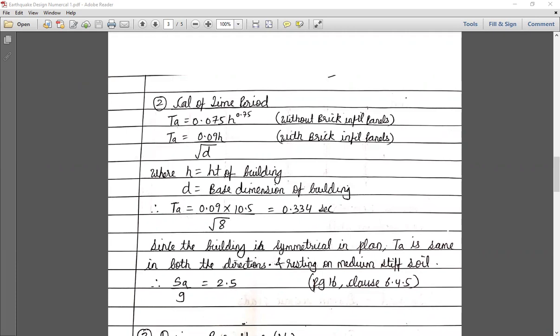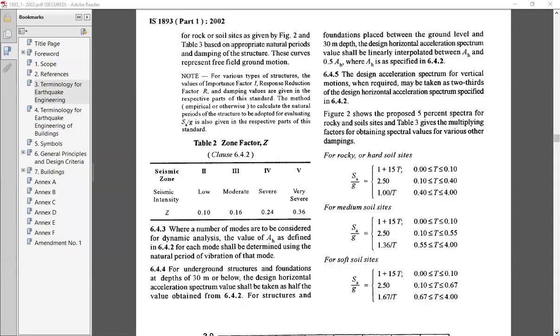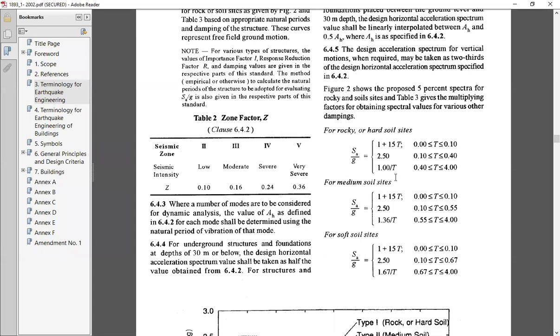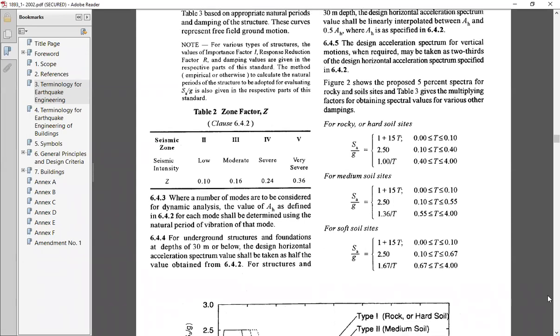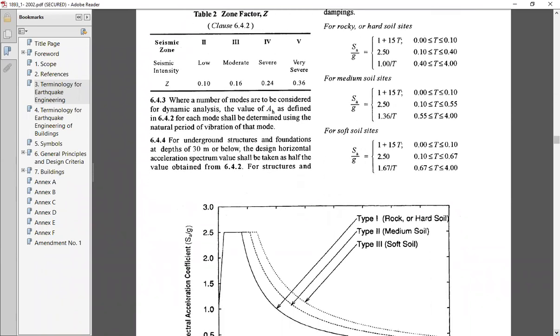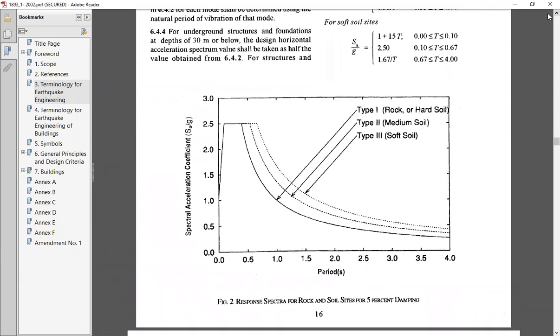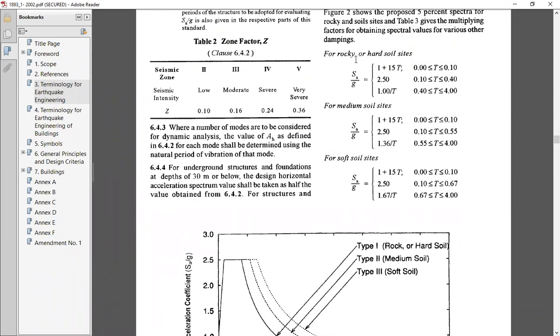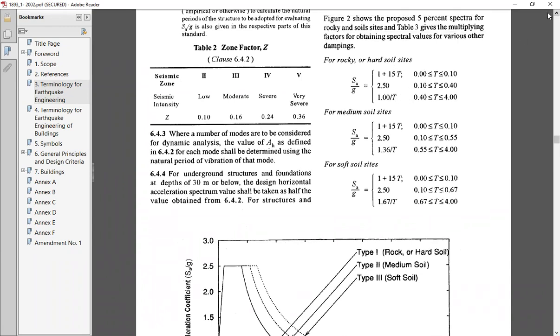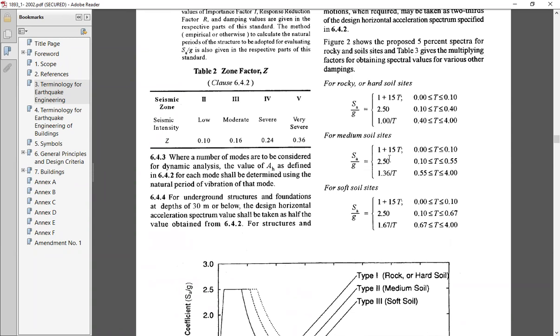Okay, I'll just show you in the IS code. So here you can see, where I told you Table 2, the zone factor, next to it you can see this is page 16. For rocky or hard soils, the SA by G ratio is given for various time periods, and SA by G is given for medium soil and for soft soil.